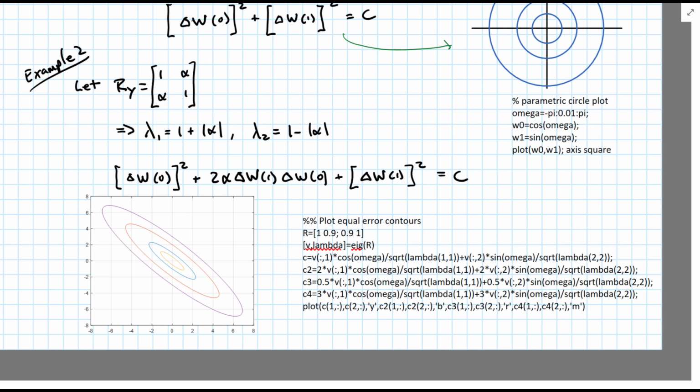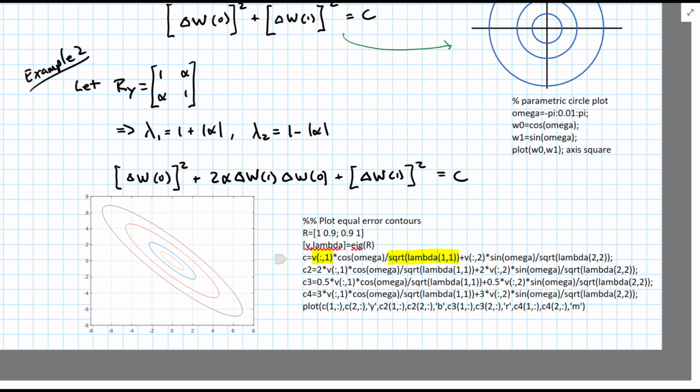And then down here in the lower left, we're showing an example for alpha equal to 0.9. We find the eigenvalues, and we do the same type of plot, except now we incorporate two other things: the eigenvector, and the eigenvalue.